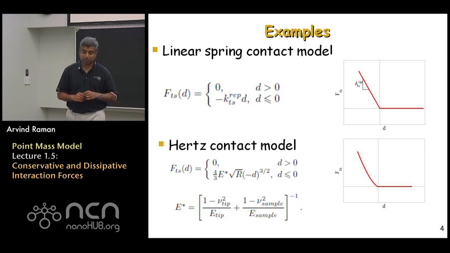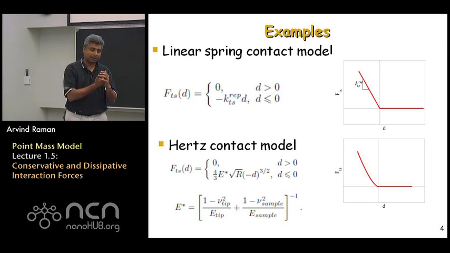The second example at the bottom is a Hertz contact model. This is again a contact mechanics model that you've studied in part 1, and it really models the elastic indentation of a sphere into an elastic half plane, and it prescribes the tip sample interaction force to be 0 before contact occurs.